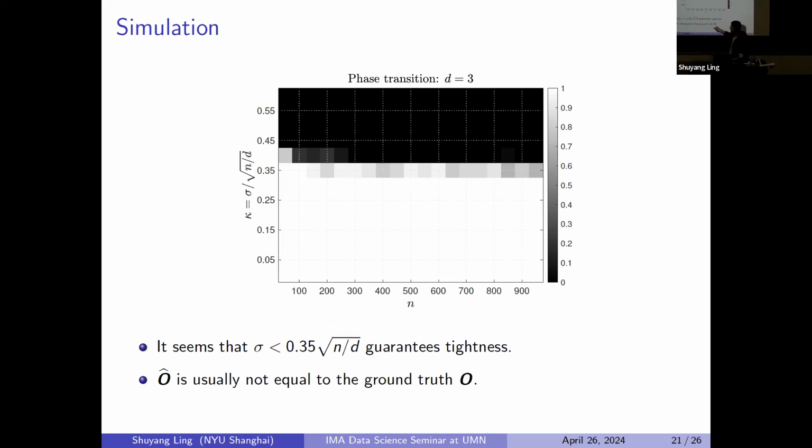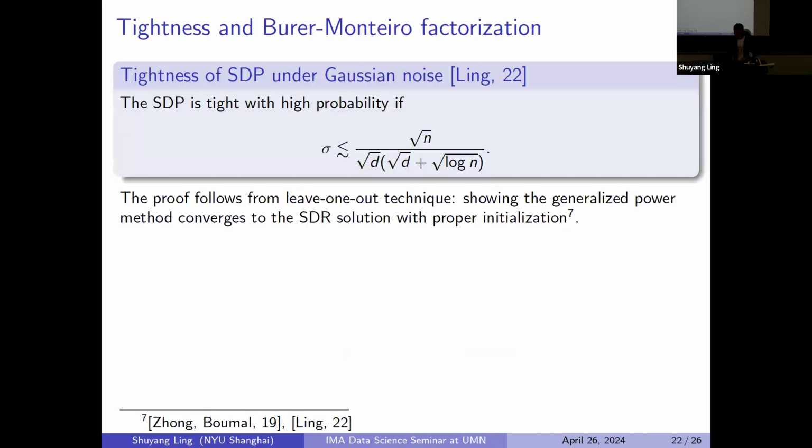Also we have to note it's different from the Z2 synchronization, because the group is continuous, so O hat, the MLE, won't usually be the ground truth. It will differ from the ground truth a bit, but it's nearby. In fact, this also could be shown to be tight if sigma is smaller than this quantity.